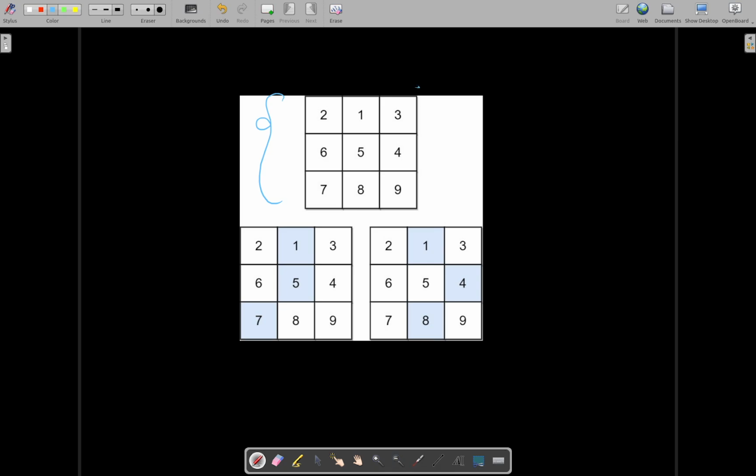Then you can choose any one cell from the first row. Then what follows depends upon what cell you have chosen. Let's say you have chosen this particular cell. There will be three options.